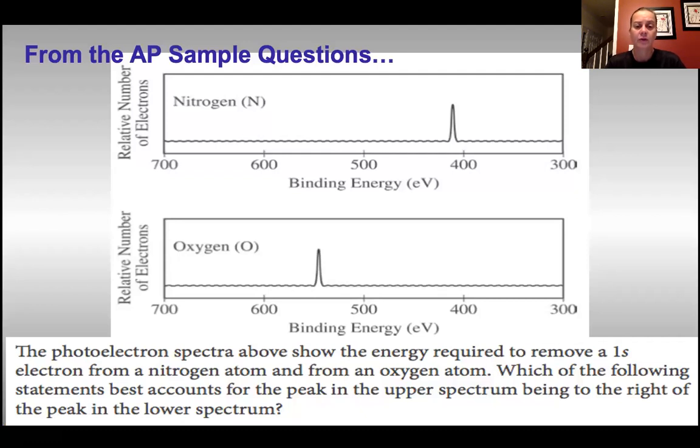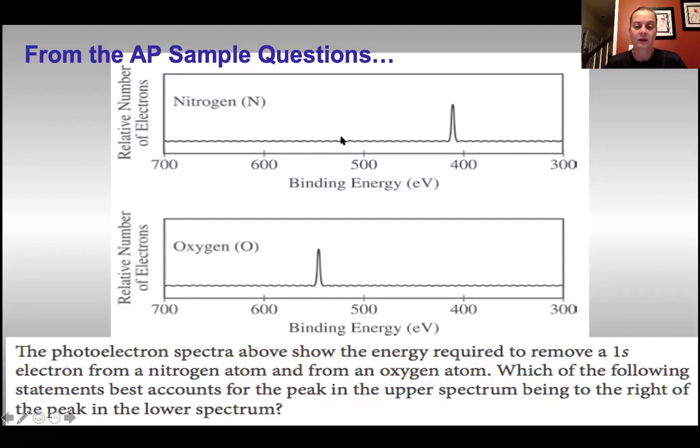So we have 2 photoelectron spectra here. They show the energy required in both cases to remove a 1s electron. So they're telling us in this case that we're removing the 1s. It's asking us to say which statement best accounts for the fact that the peak in the nitrogen spectrum is to the right of the peak in the oxygen spectrum.